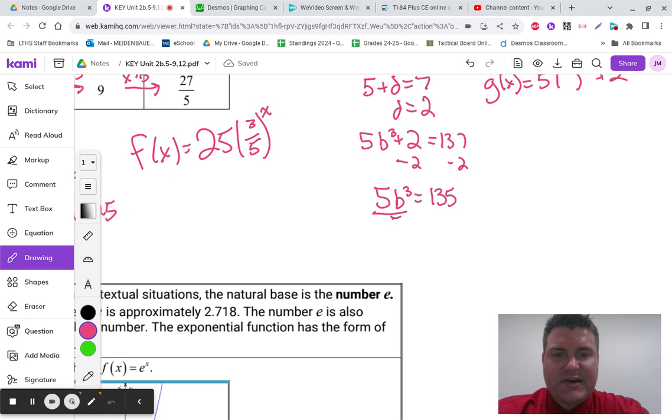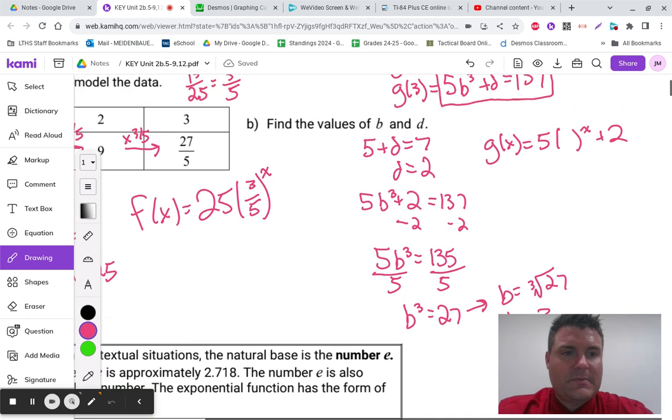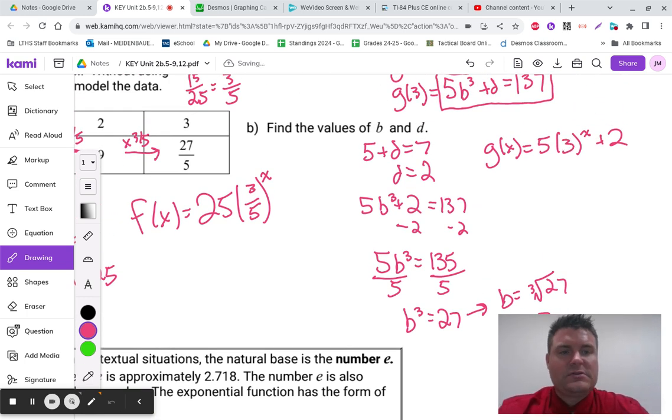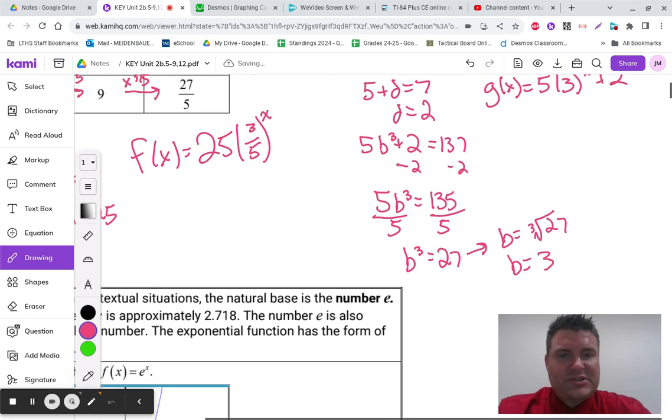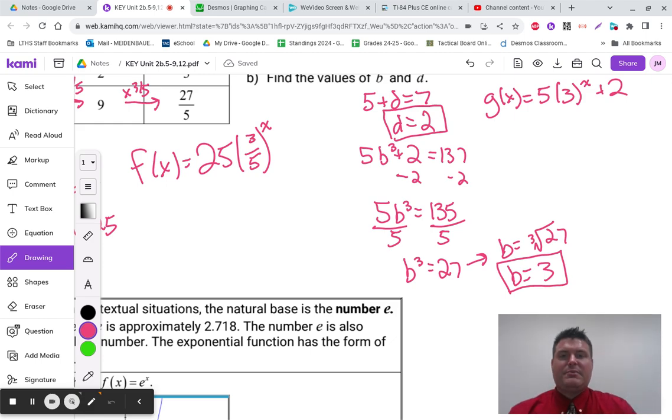Divide both sides by 5. b cubed equals 27. Cube root both sides. b is going to equal the cube root of 27, which is 3. So go ahead and fill out that 3 right over there, and that'll be my equation. It asks for just the b and d values, so I will box those because those are the important ones, but the actual equation for g is right above there in the upper right-hand side.